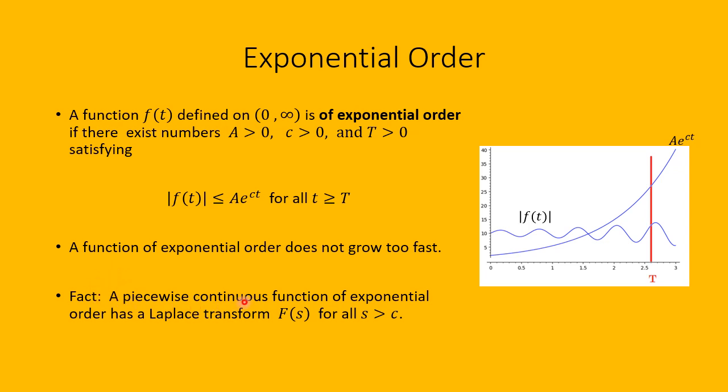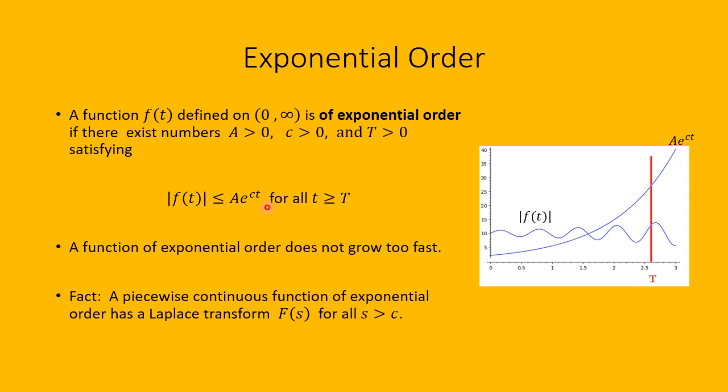A piecewise continuous function of exponential order has a Laplace transform capital F of s for all s greater than c. Now, this doesn't say that it fails to have a Laplace transform for s less than c.